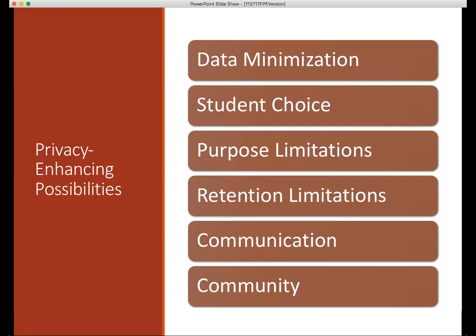I always tell people to never underestimate the value of communication. It is important to communicate with students and the community and other stakeholders what you are doing with their data and why you are doing it and how this specifically benefits them. Many people hesitate to do this in detail because they're afraid it will set off privacy alarm bells and create a backlash.